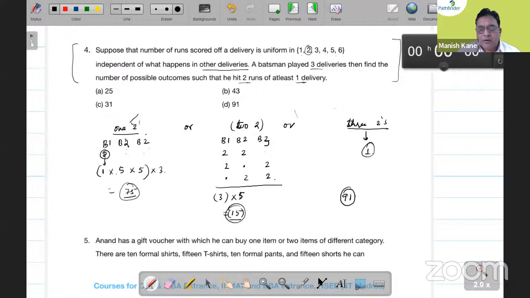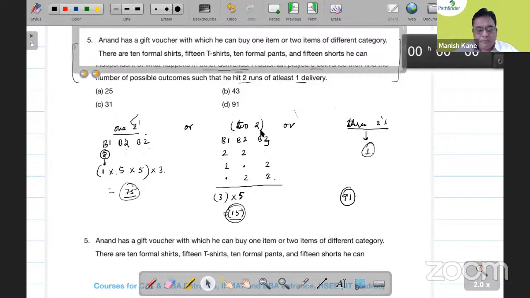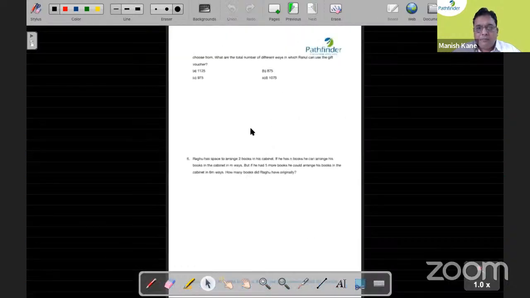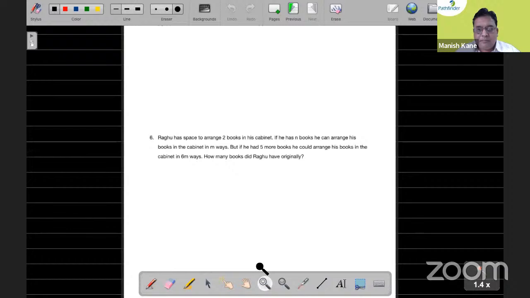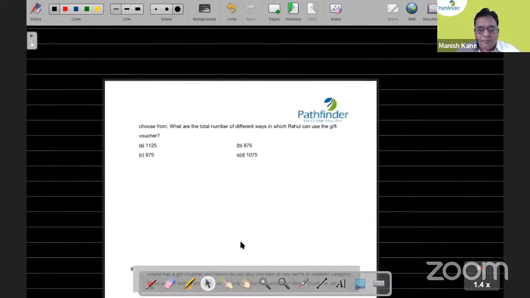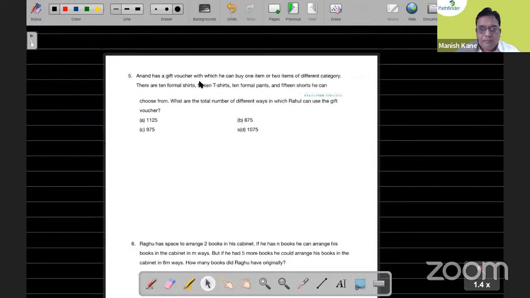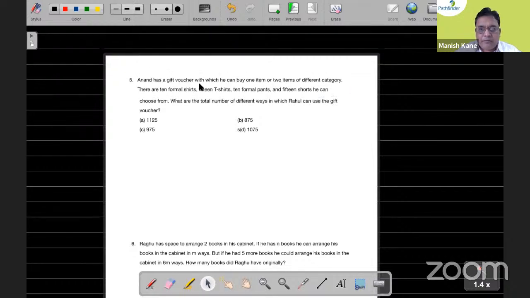Okay. Now, the next question I'll have to pull in from the previous page.